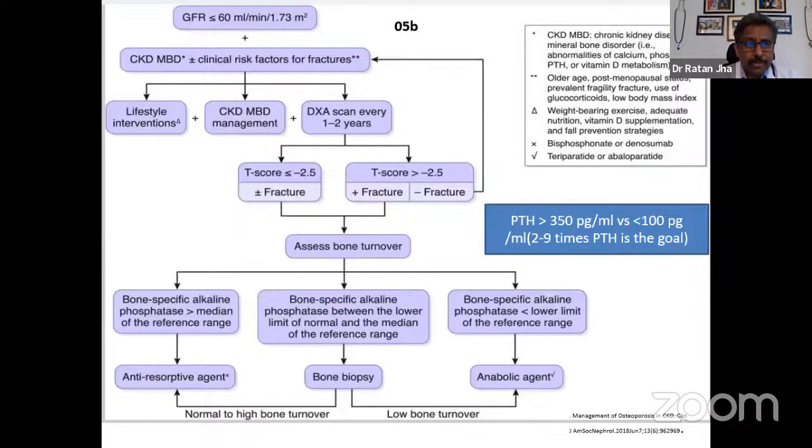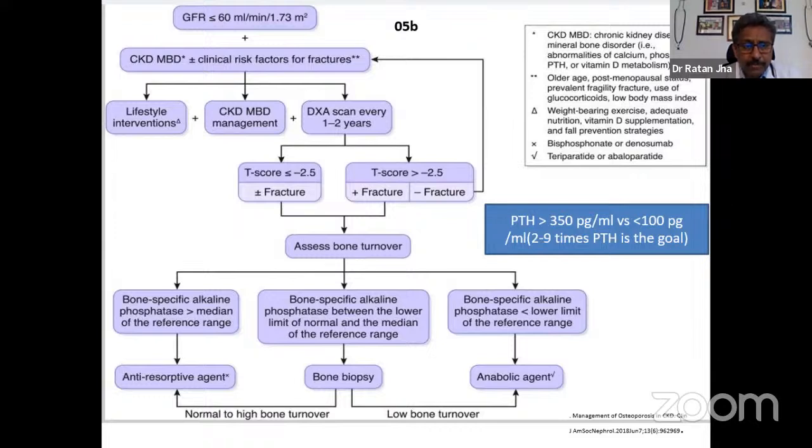Simplistically speaking, when the patient's GFR is below 60, the patient has risk factors for fractures. Besides lifestyle intervention and CKD MBD management, DEXA scans will be done every 2 years. If the T-score is below minus 2.5, with or without fracture, we proceed with therapy. The drug therapy is based on the bone turnover markers, that is bone alkaline phosphatase and PTH.